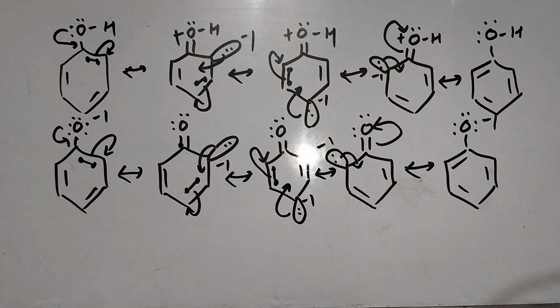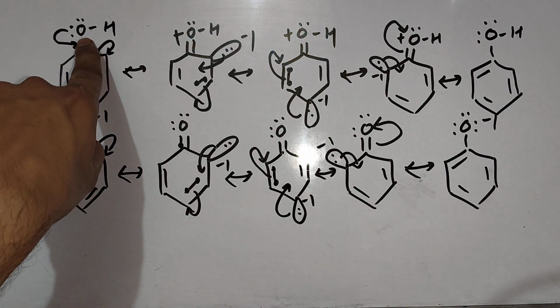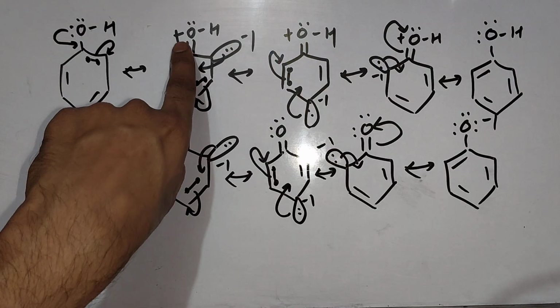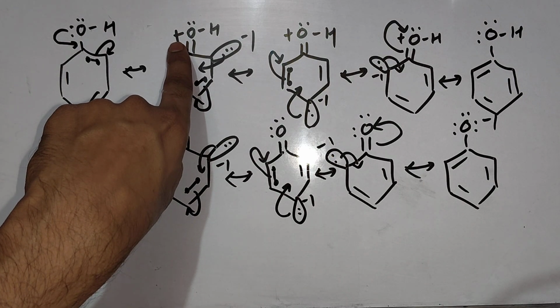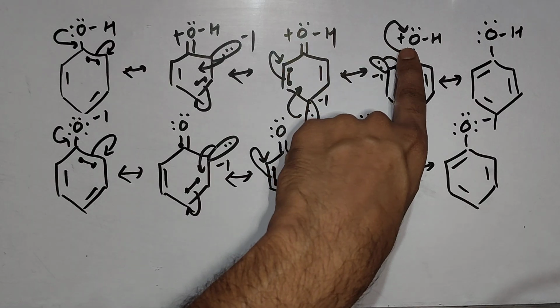Now, which benzene ring will have higher electronic density? The answer is the phenoxide ion one. Why? The reason is very obvious. First check the oxygen of phenol. When the oxygen of phenol is delivering its electron into the ring during resonance, it is occupying positive charge. And you can check that positive charge is there all the time.